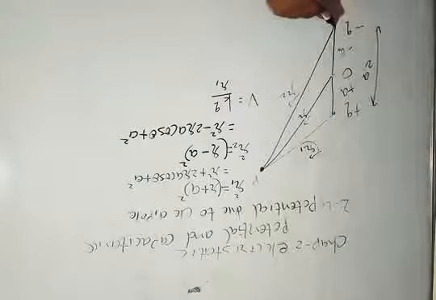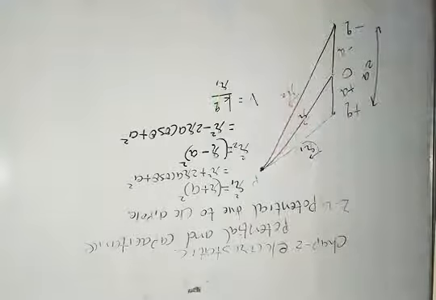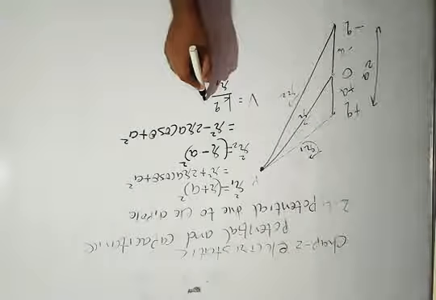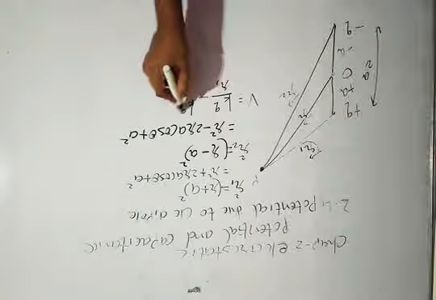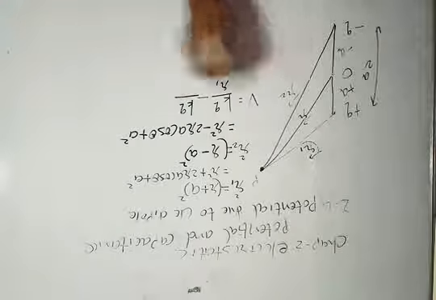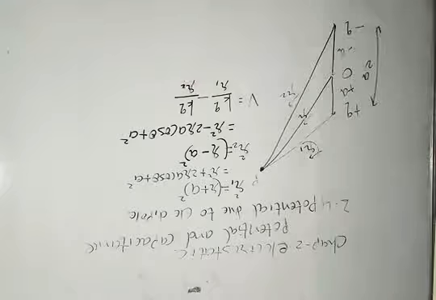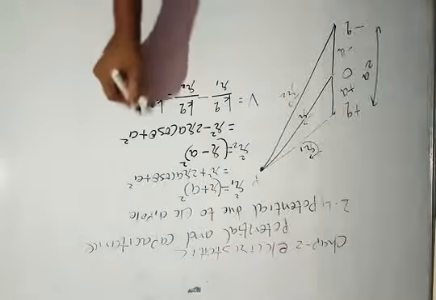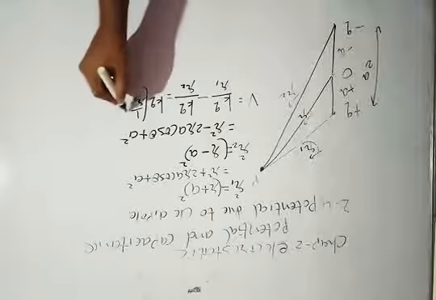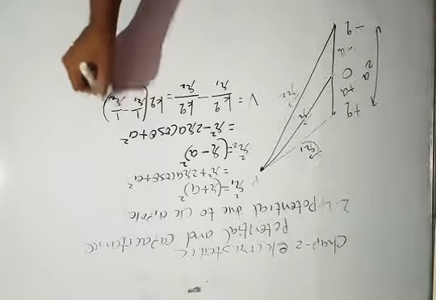Similarly, due to minus Q to that point P, our term will become minus kq upon r2. Clear? So with kq common, 1 upon r1 minus 1 upon r2.